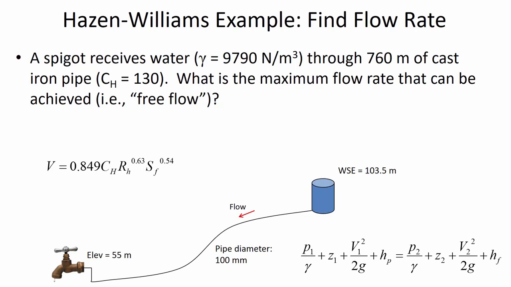So see if you can find the flow rate in the circumstances that are described here, just by substituting into the Hazen-Williams equation. Anybody remember what's the hydraulic radius of a pipe that's full? That's right, D divided by 4. All right.